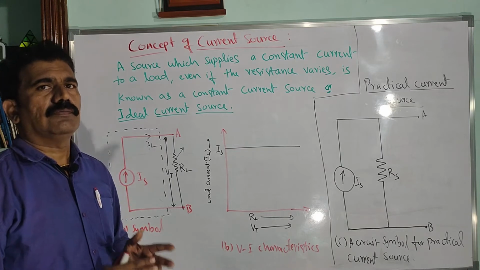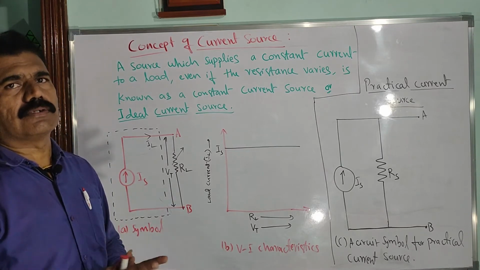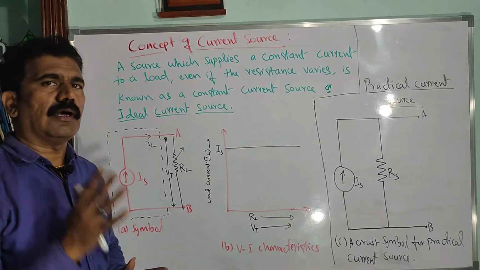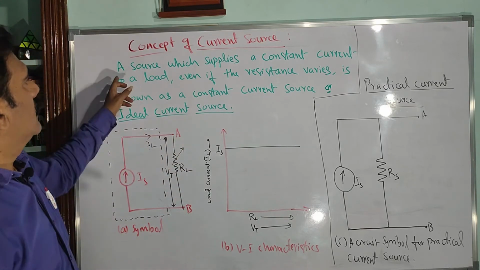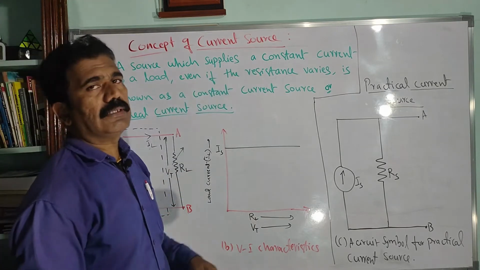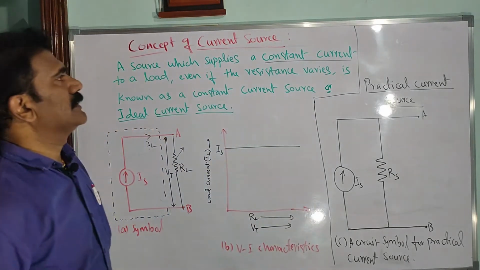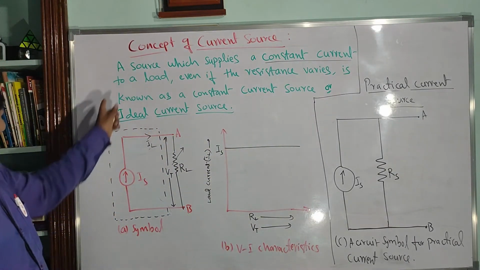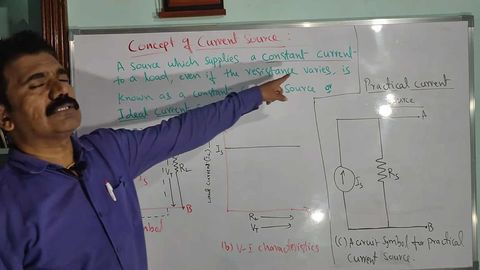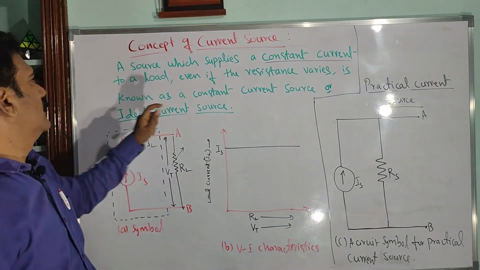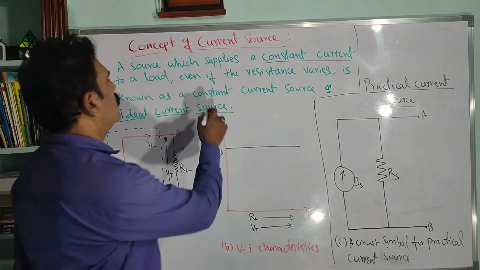Before that, first of all, what kind of source is called a current source and when is it called an ideal current source? A source which supplies a constant current to a load even if the resistance varies is known as a constant current source.